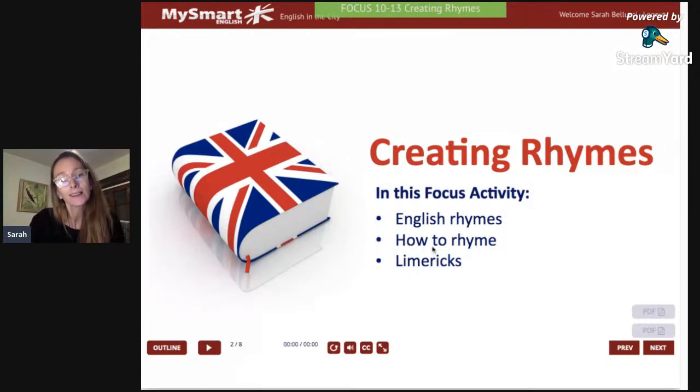So look at some rhyming words. Then we're going to look at limericks. So I am curious to see, when we get to that part of the focus activity, who knows what a limerick is? Okay, no spoilers yet, please. We will wait till we get to the limericks page and then you can impress me with all your knowledge.